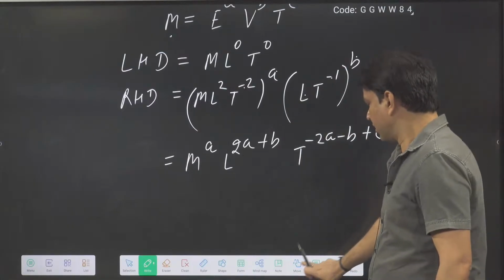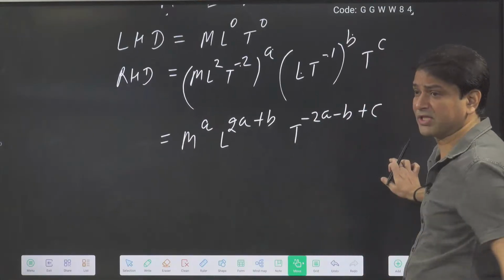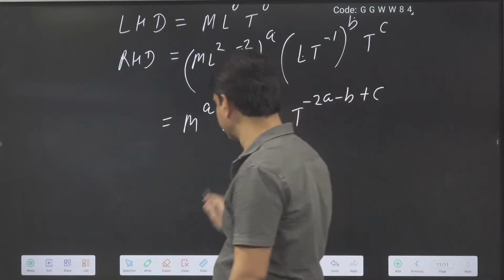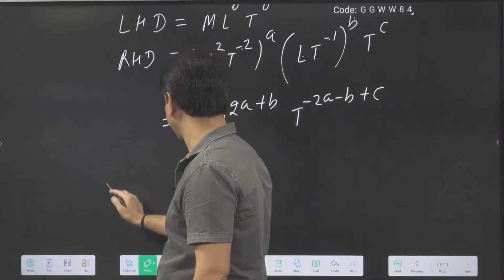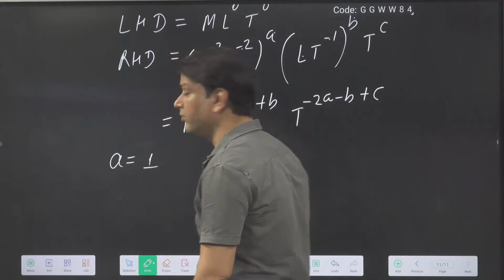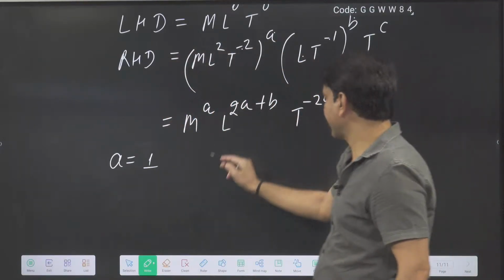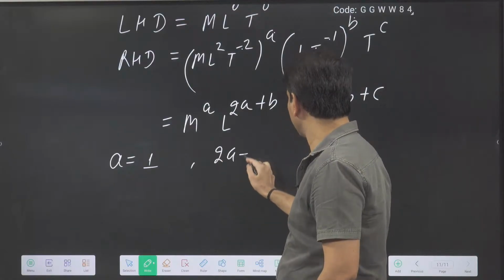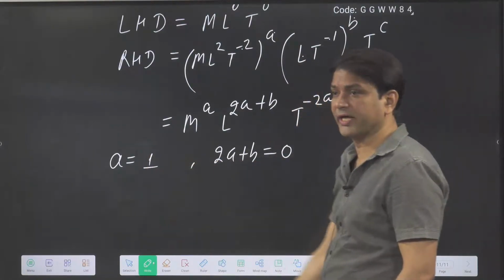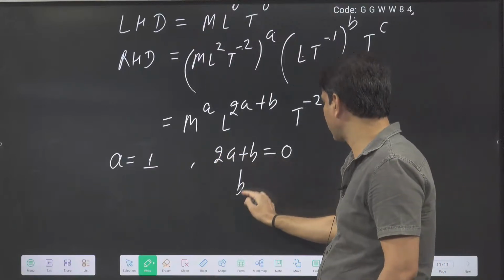Now the left hand dimension must be the same as the right hand dimension from homogeneity. Then M to the power A here, and there M to the power 1, so A value is 1. Then L: 2A plus B, and on the left hand side the power of L is 0. Put A value 1, then B is minus 2.